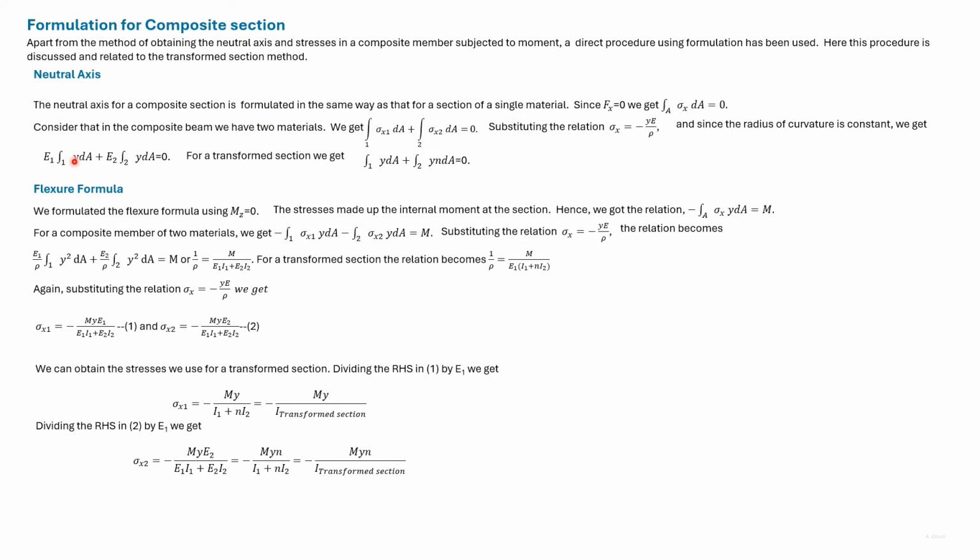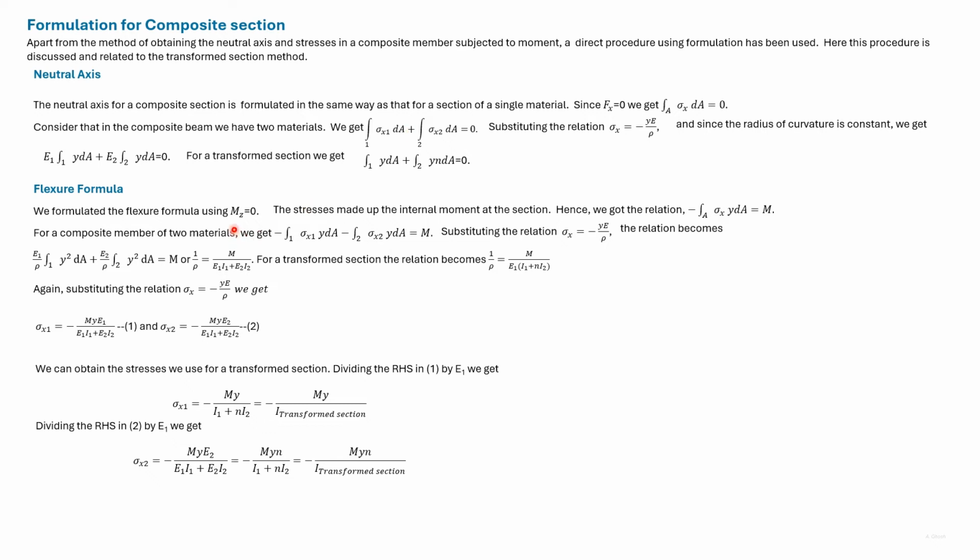We can use this expression to find the neutral axis. We have written this expression in terms of n here. This is the equation of a transformed section. This is the first moment of the portion related to material 1. And this is the first moment of the portion related to material 2 multiplied by n.